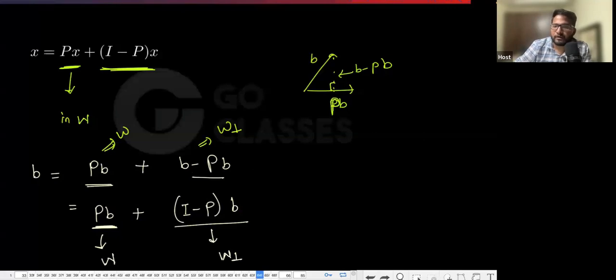Okay, great. So if this is in W and this is in W orthogonal, then I can say that if P is some matrix which is taking b and giving you the projection in W, then I minus P is another matrix which is taking b and giving you the projection of b into W orthogonal. So let's note down this fact, which is very important.